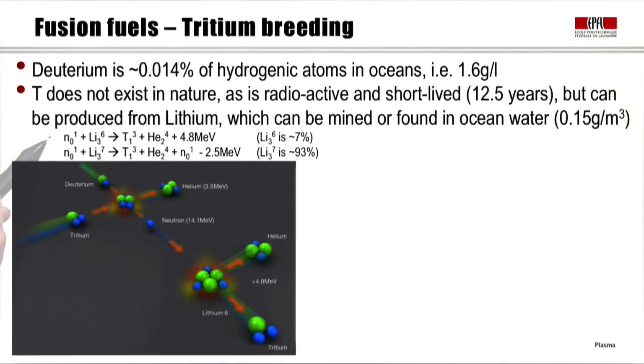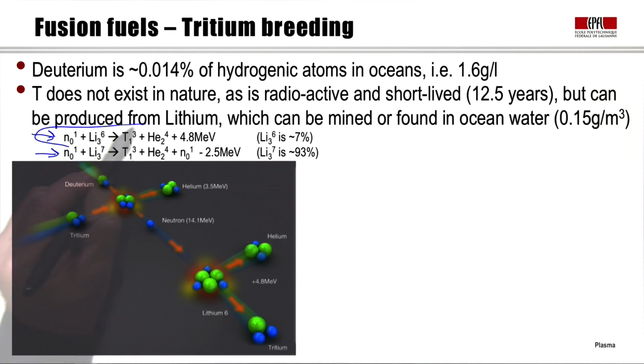The neutrons that come out from the fusion reaction itself can react with the lithium that's present around the plasma, that we will actually install around the plasma, in two ways. There's a reaction with lithium-6 on the top, or a reaction with lithium-7 here at the bottom.